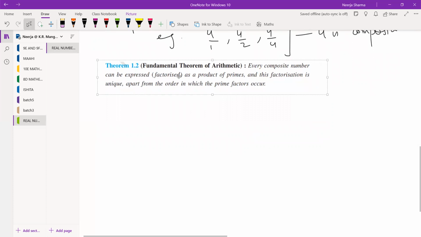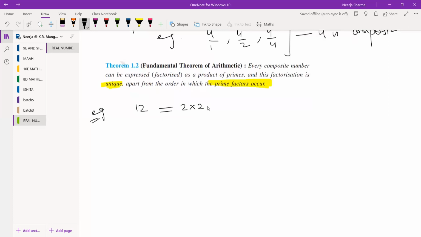Every composite number can be expressed as a product of primes, and this factorization is unique, apart from the order in which the prime factors occur. Let's understand this. What is it saying? Let's take 12 as a composite number and do its prime factorization: 2, 2, 3. 2 times 2 times 3 is 12.